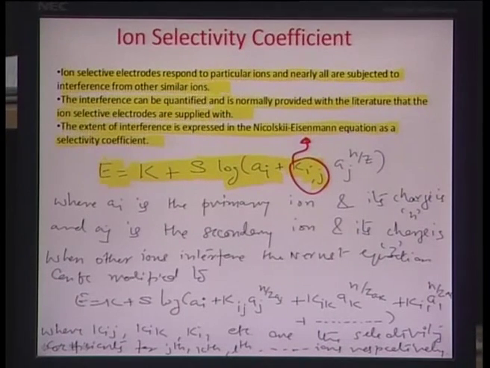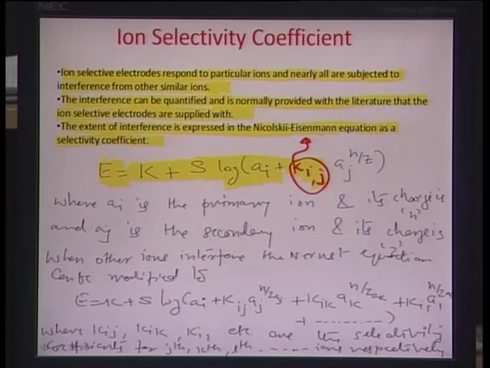So the i here is the primary ion of interest, and the j here is the interfering ion. The selectivity coefficient is that of j over i, the primary ion of interest.